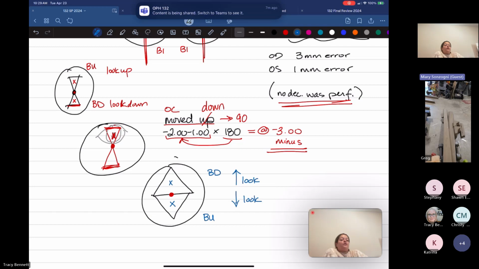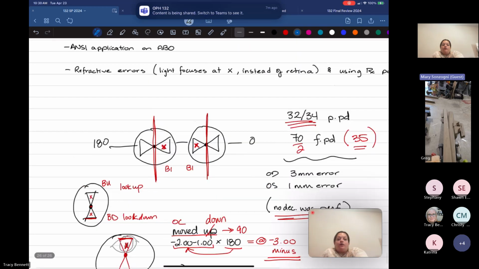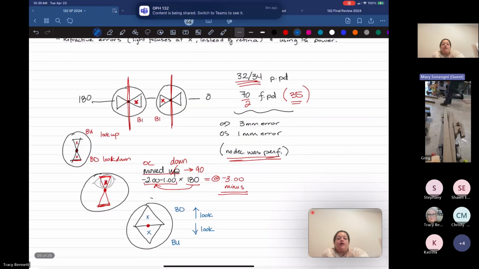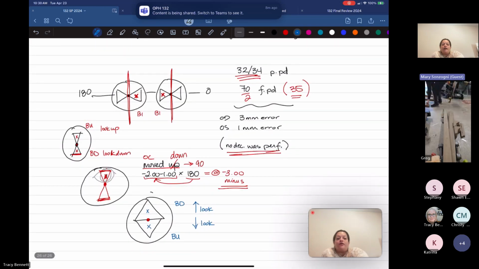Can I ask a question though? Absolutely. When we go back to the horizontal one where you had base in, I don't remember what the answer was from the original question when you went and drew this out. I don't know how to explain what I mean, but why you decided to put your X's there and everything, I'm just not sure.